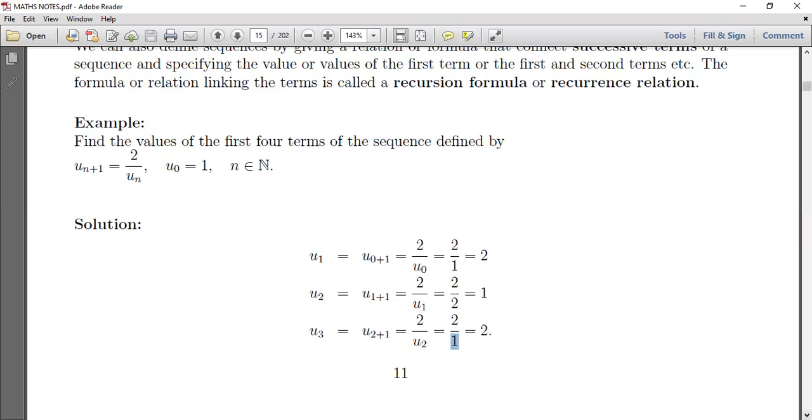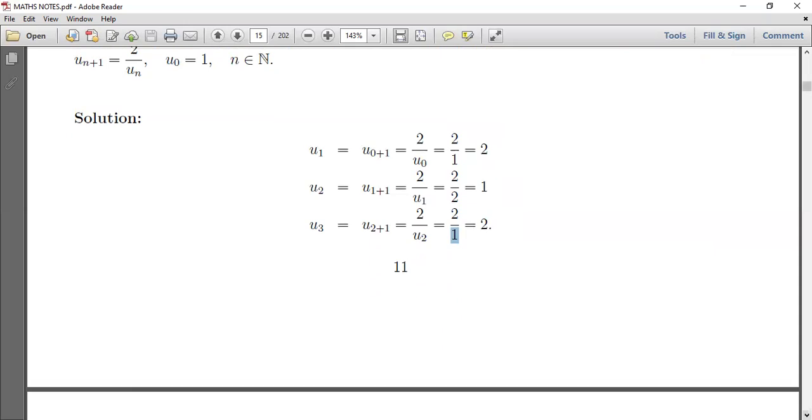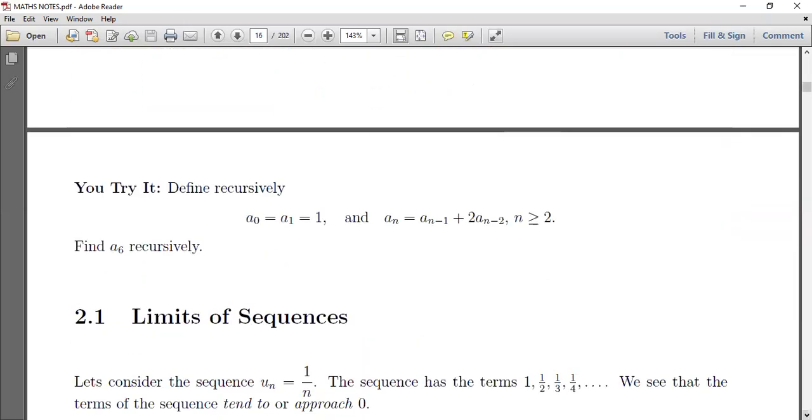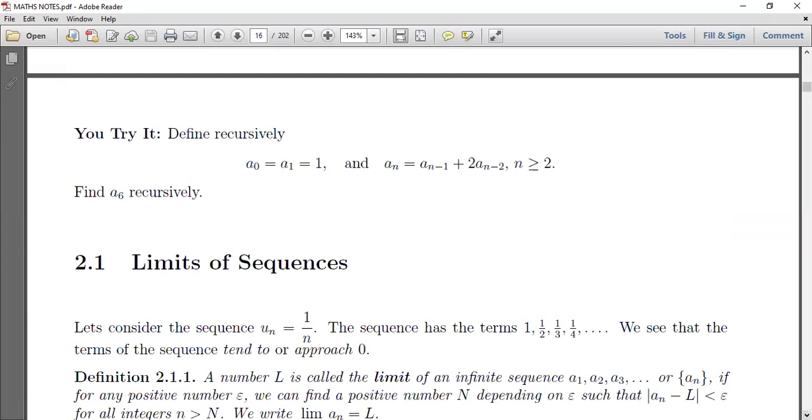It does not necessarily mean that we only have to use the previous term. Some recursion formulas are so complicated that sometimes we need to use the previous and the previous, or the last 4 terms, the last 5 terms, something like that. This is a good example. In this case, we are not using u, we're using a in our sequence.